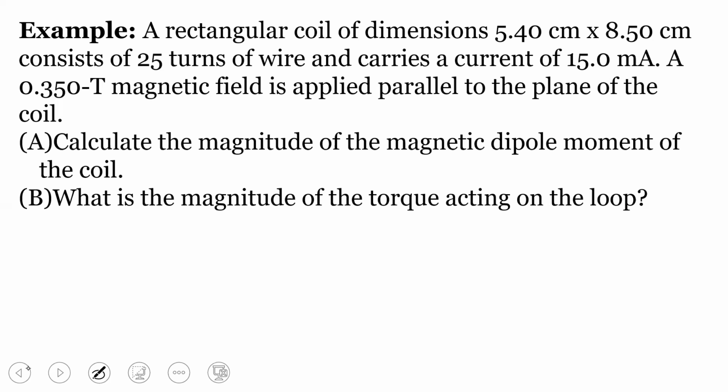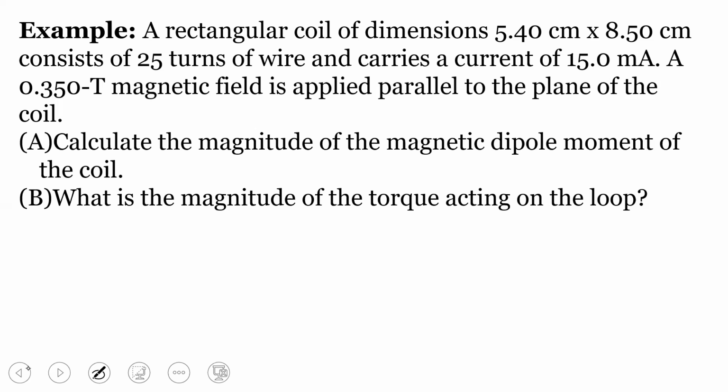It carries a current of 15 milliampere, I is equal to 15 times 10 raised to the minus 3 ampere. So that's the information. Now, a 0.35 Tesla magnetic field is applied parallel to the plane of the coil. Calculate the magnitude of the magnetic dipole moment of the coil.